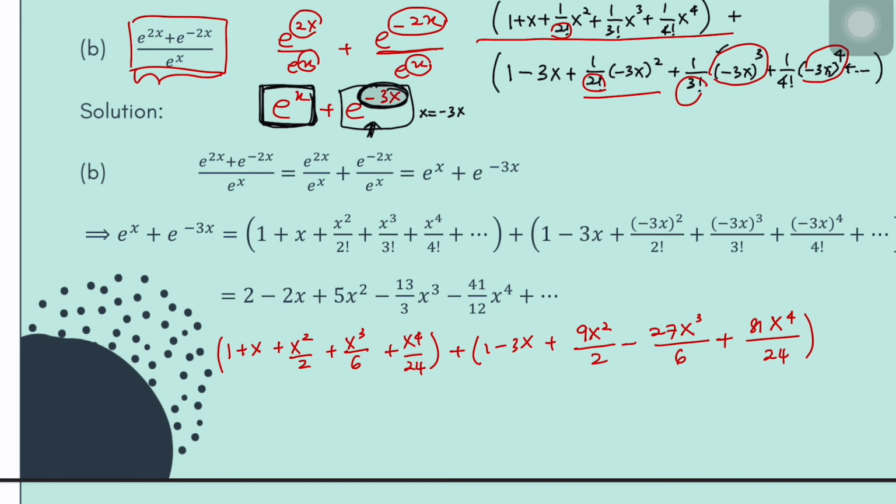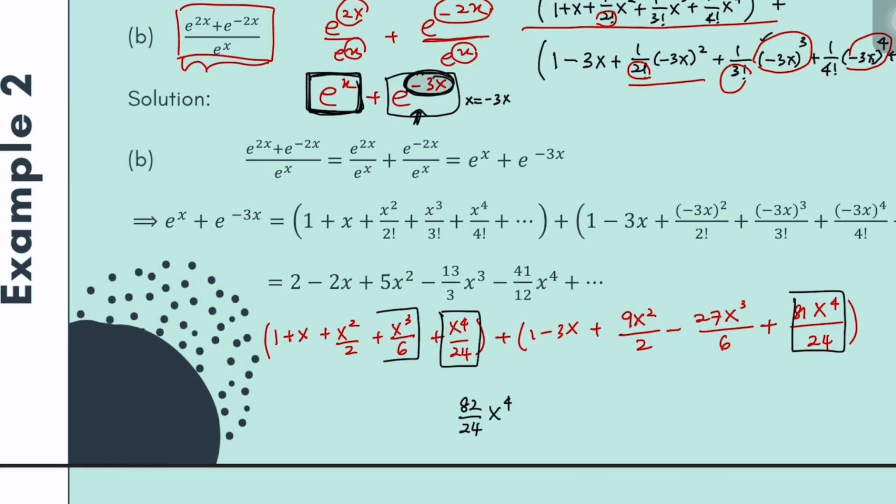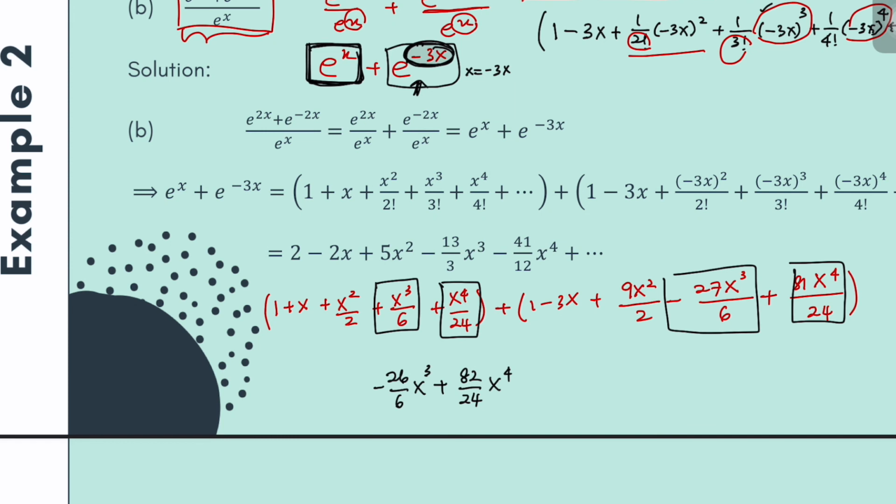So let's see which ones we can simplify. This one, x to the power of 4 with x to the power of 4: 1 over 24 plus 81 over 24, you will get 82 over 24 x to the power of 4. Then we have positive x to the power of 3 over 6 minus 27 over 6 x to the power of 3. So 1 over 6 minus 27 over 6, you will get negative 26 over 6 x to the power of 3. And 1 over 2 x squared plus 9 over 2 x squared will give you 10 over 2 x to the power of 2, so you have 5x to the power of 2. x plus negative 3x gives you negative 2x. And 1 plus 1 gives you 2.